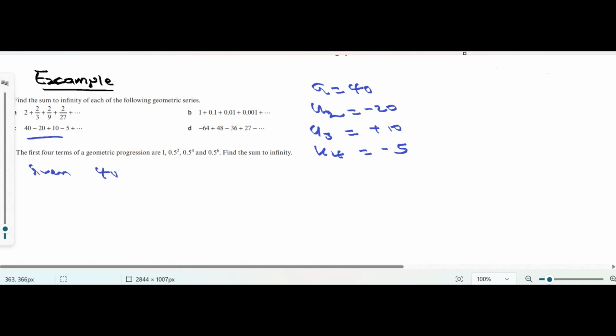If you are given 4, this, this, and this, they can ask you to find the seventh term.